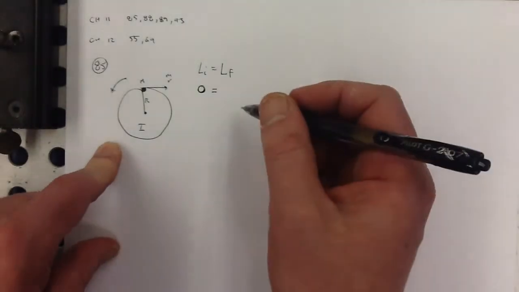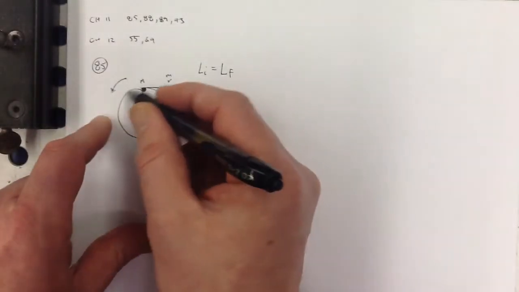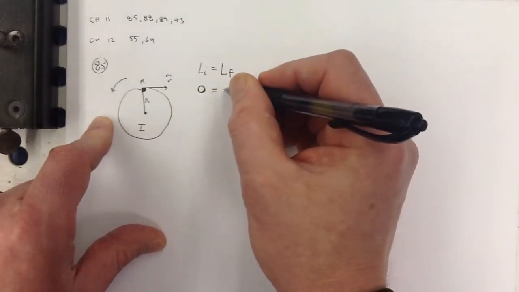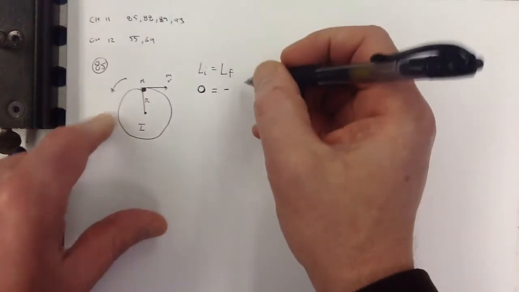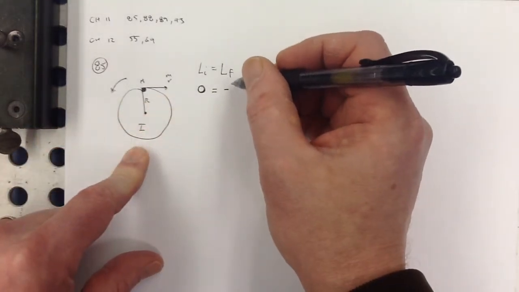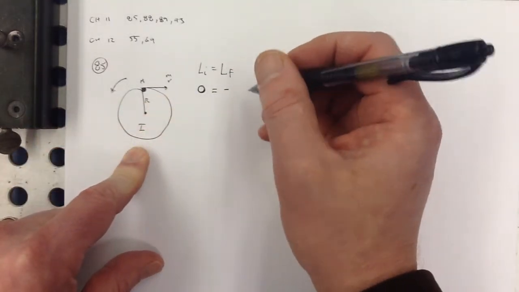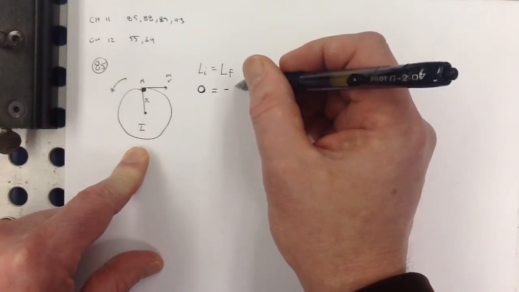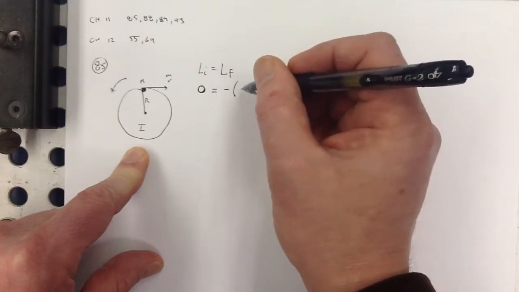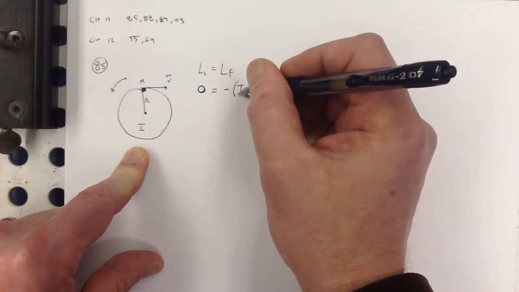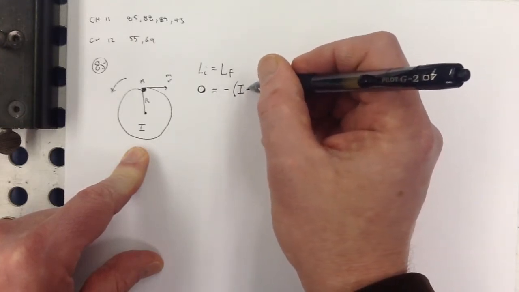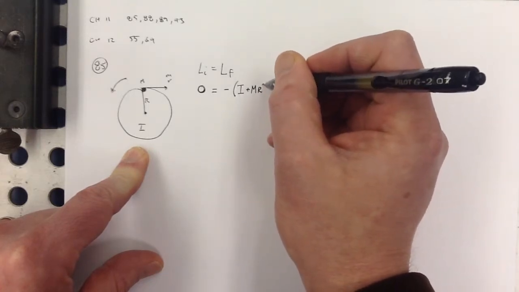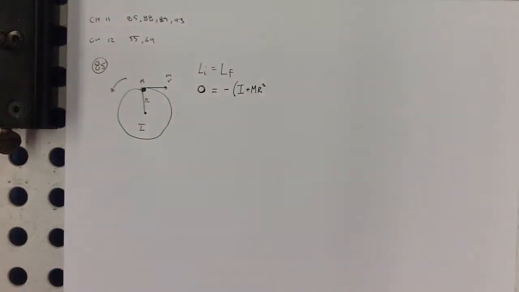I'm going to make this negative. So let's see, the angular momentum of the wheel, the merry-go-round, afterwards. It's going to be I omega. The I of the merry-go-round is just I. But there's also a girl of mass m standing on it at a radius r from the center.